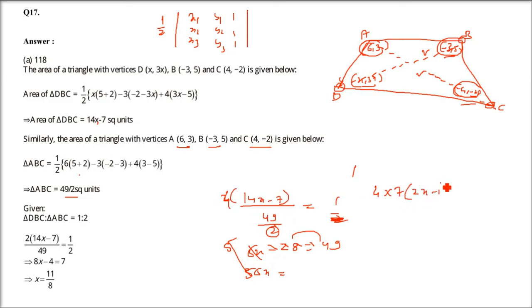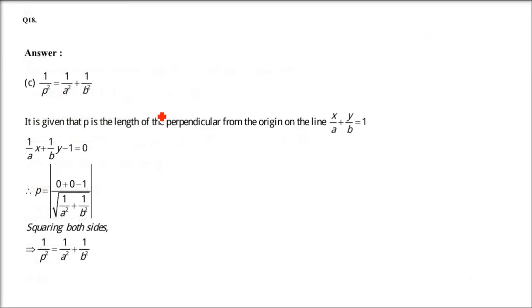So it will be 2x minus 1 and this equals 49, 7 into 7 we write. 7 gets cancelled. You have 8x minus 4 equals 7. So you get 8x equals 11. x equals 11 by 8. So 11 by 8 is the x.